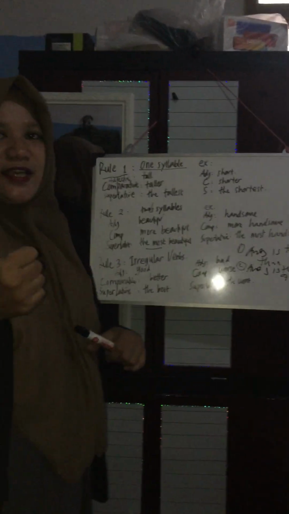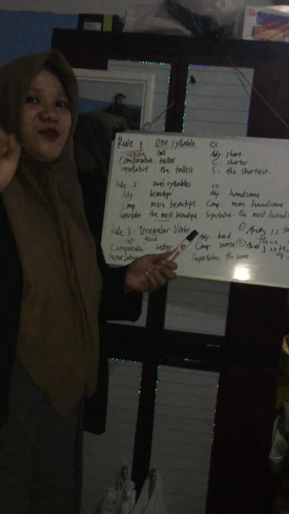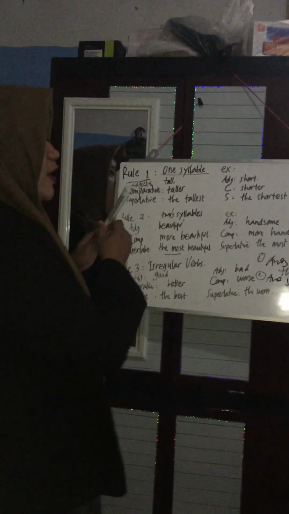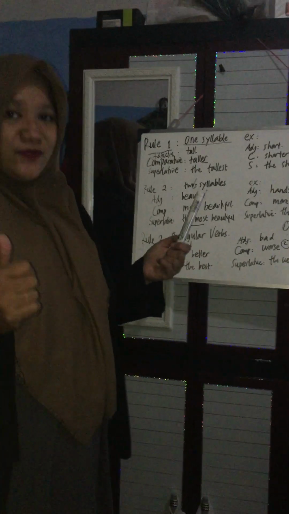Okay, one syllable. For example, the adjective is, can you? Tall. Okay, tall. How many syllables in tall? One only. So if the adjective is tall, one syllable, for the comparative you have to add ER at the end of the word. So it's taller. Can you repeat? Taller.